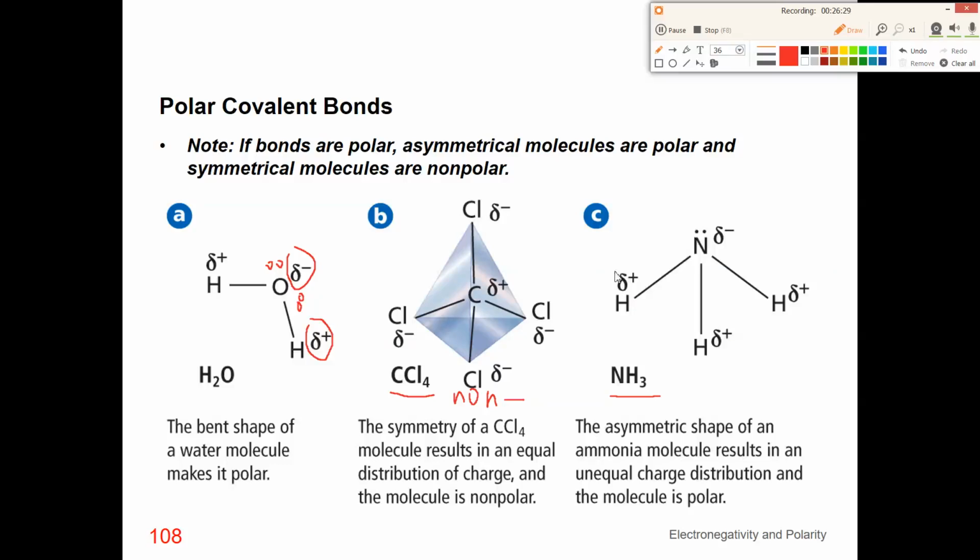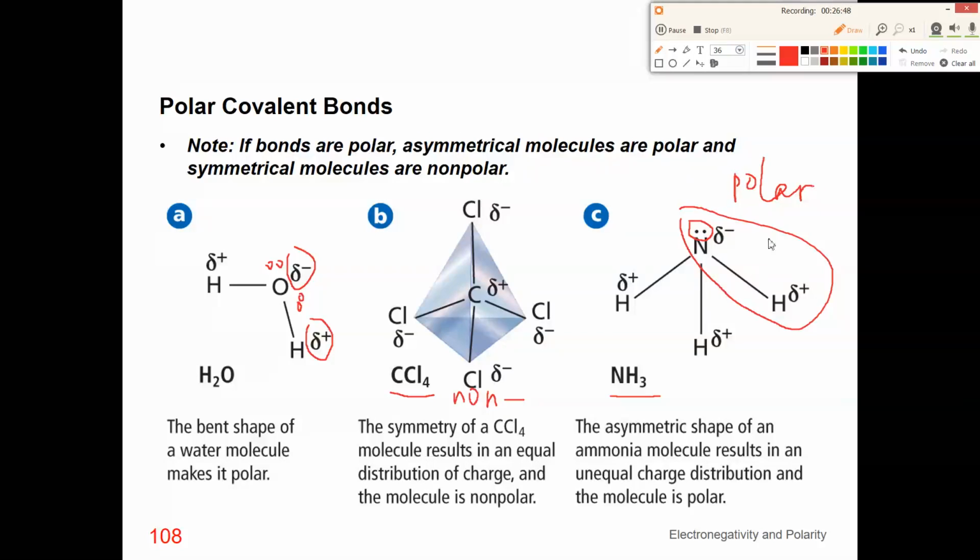The bond is a polar bond because the difference of electronegativity value is higher than 0.4. However, there is a lone pair on nitrogen, so this one becomes polar. Right? So you can simply use the lone pair on the central atom to figure out whether a molecule is polar or nonpolar.